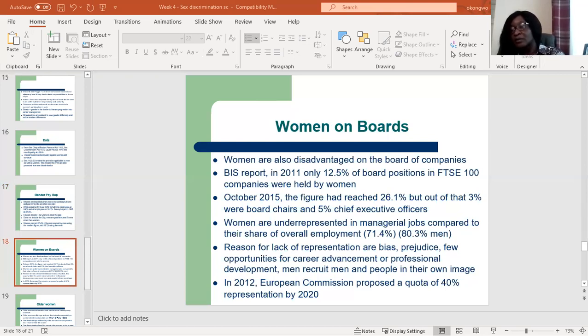Women are underrepresented in managerial jobs compared to their share of the overall employment. They stand at 71.4% compared to 80.3% of men. Climbing up an organizational hierarchy, you find that the proportion of women managers diminishes sharply.